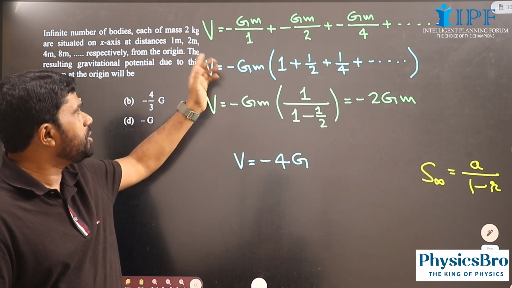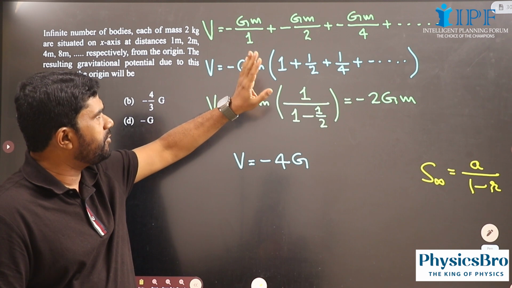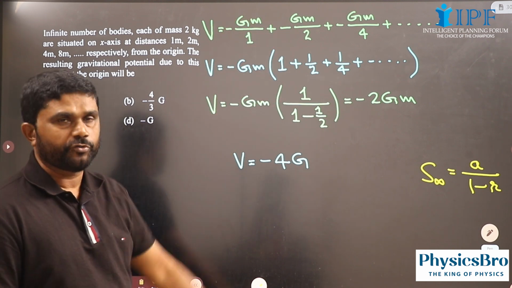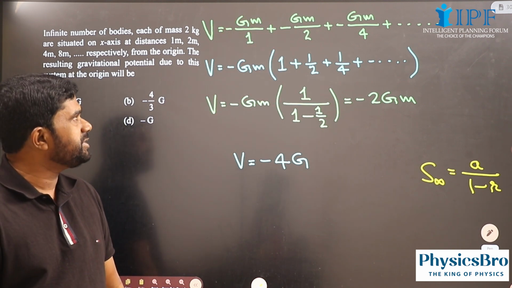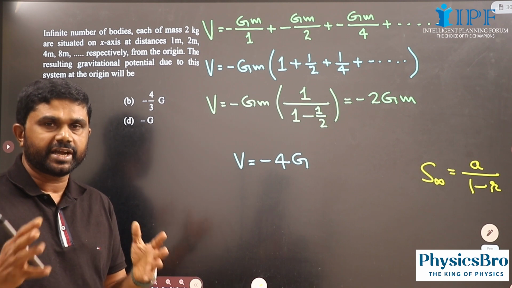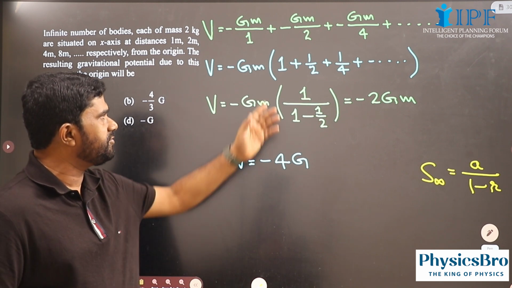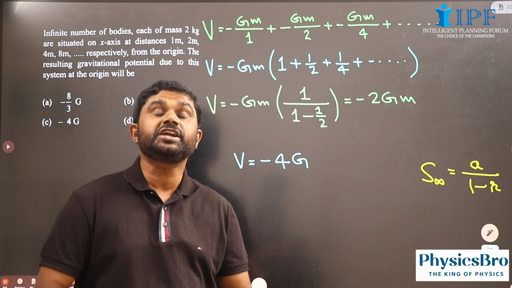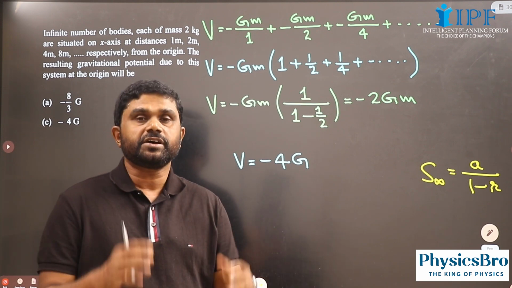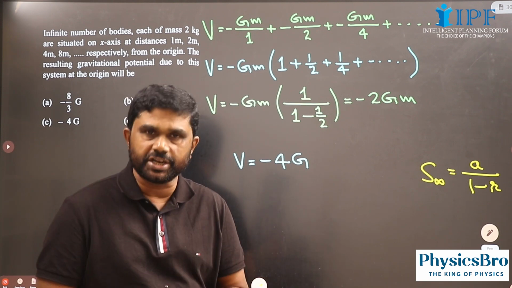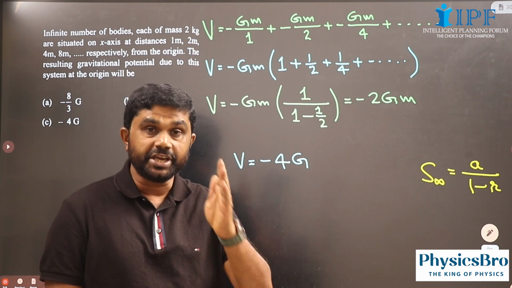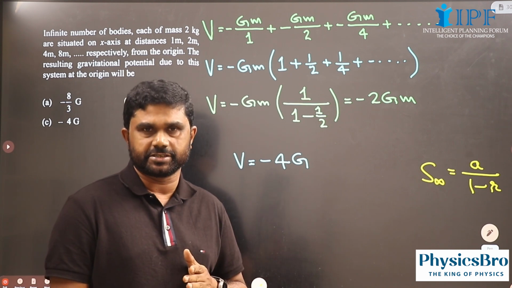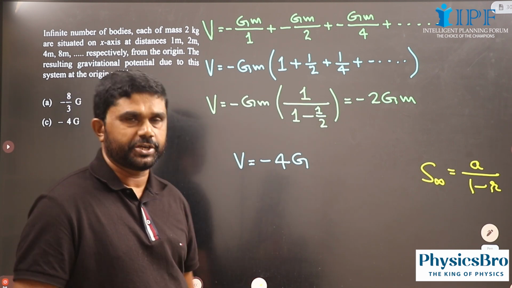Okay, so V equal to minus Gm divided by 1 minus Gm by 2 minus Gm by 4, like that. Minus Gm is common to all the terms, so we can take it outside. So inside the bracket we will get 1 plus 1 by 2 plus 1 by 4 plus 1 by 8. It is an infinite series with the first term 1 and common ratio. How do we get the common ratio? Any term divided by the preceding term. Here the common ratio is 1 by 2.